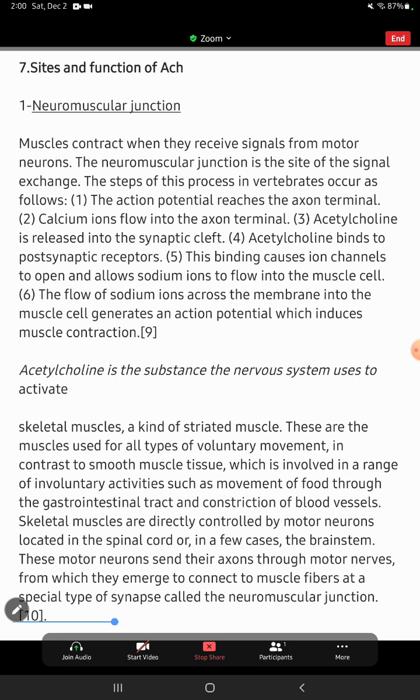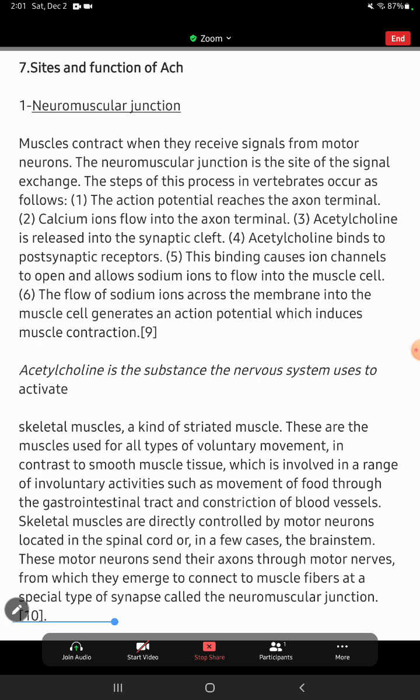Acetylcholine is a substance the nervous system usually uses to activate the muscles, to activate the skeletal muscles, a kind of striated muscle. They are the muscles used for all types of voluntary movement, in contrast to smooth muscle tissue, which is involved in a range of involuntary activities such as movement of food through the gastrointestinal tract and constriction of blood vessels.